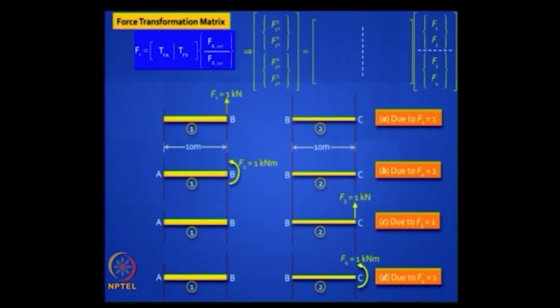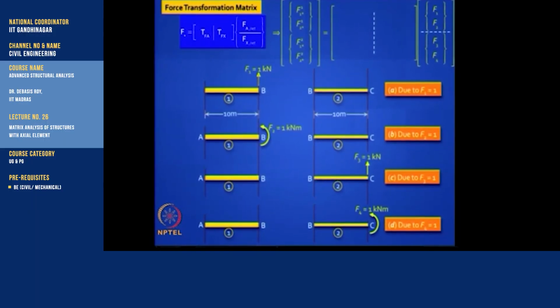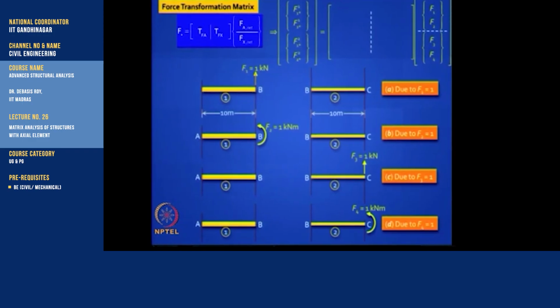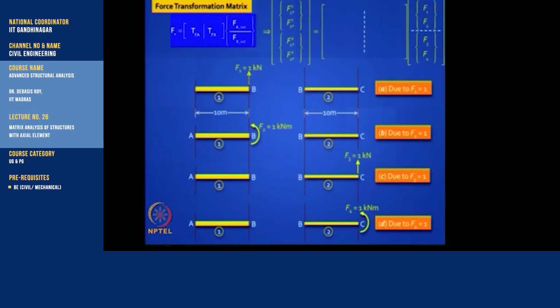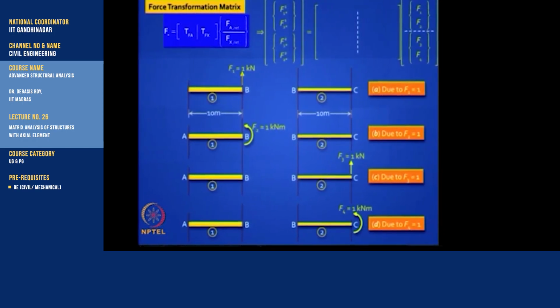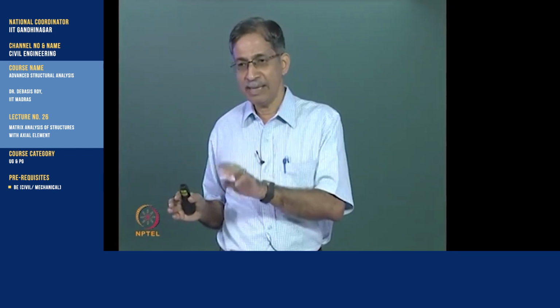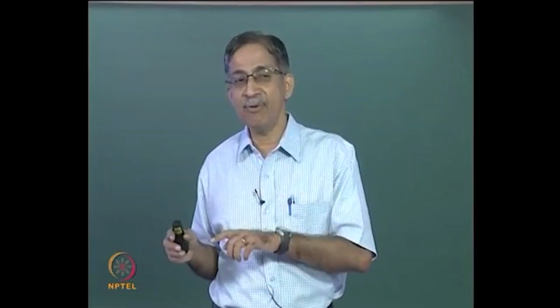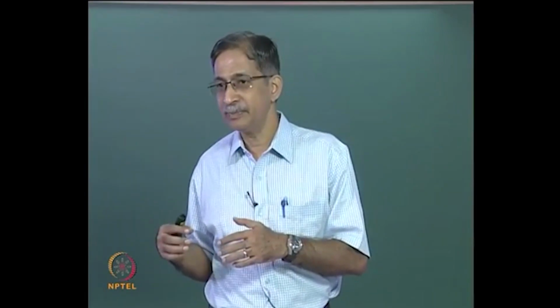So F1 1 star, F1 2 star pertain to the end moments in the first element, and F2 1 star and F2 2 star pertain to the end moments in the second element. You have 4 global coordinates, F1, F2, F3, F4. F3 and F4 correspond to x1 and x2, right.